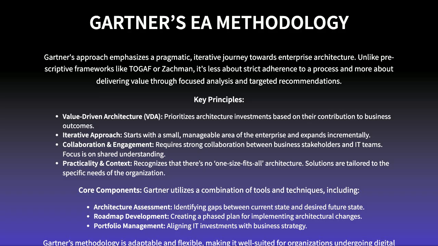Collaboration with both business and IT teams is absolutely key. It's all about making sure everyone understands what they're working towards. And importantly, Gartner recognizes that there isn't a single best architecture; it needs to fit your specific situation. They use tools like architecture assessments and roadmap development to guide the process, always keeping in mind where you want to be and how to get there.